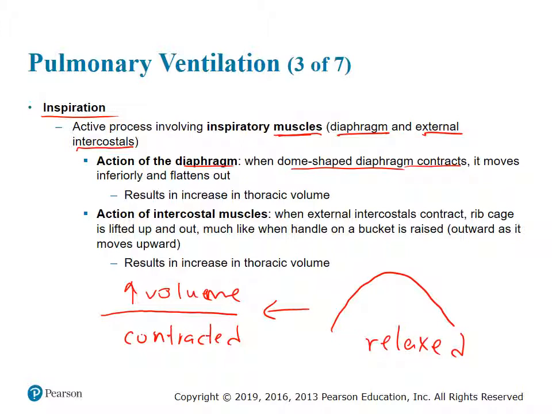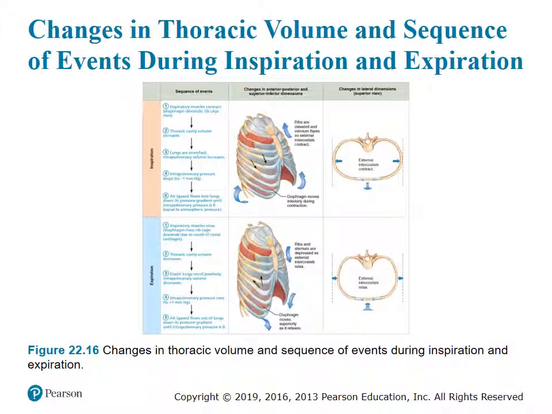And so when the external intercostals contract, the rib cage gets lifted up and out, and that also results in an increase in thoracic volume. So both the diaphragm and the external intercostal muscles are at play here, and you can see this for a fact.